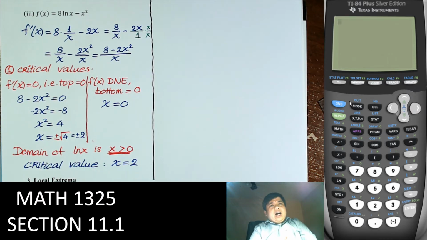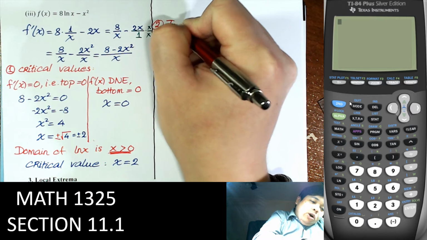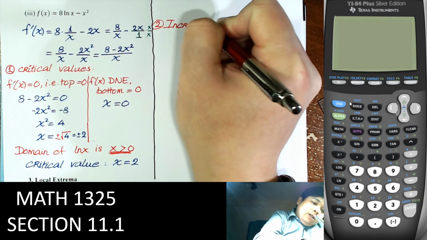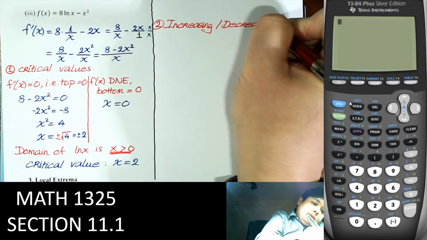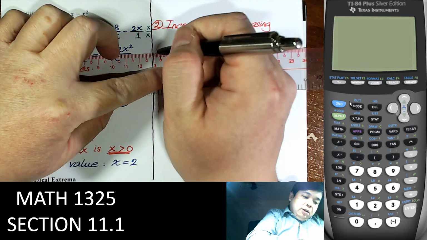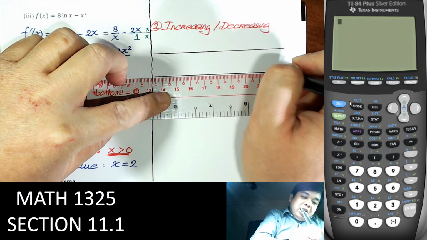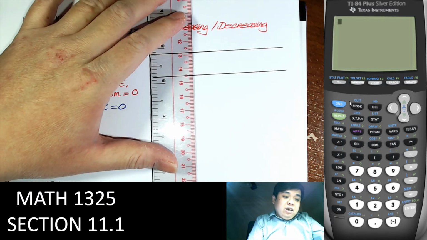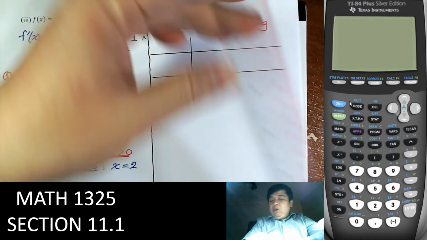Also, because the question asks where the function is increasing or decreasing, we only focus on the domain. So the sign chart here is slightly different from the sign chart we had earlier, because the domain in this case is not all real numbers like the previous example.